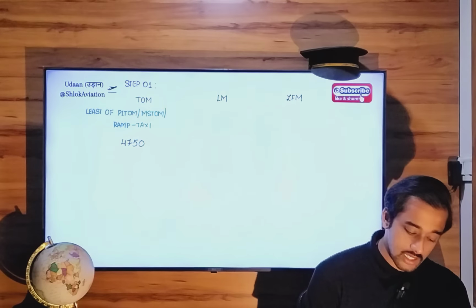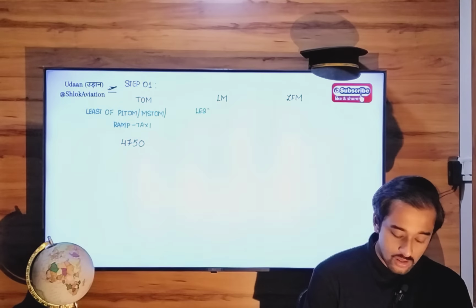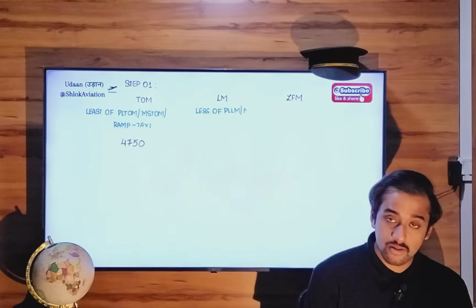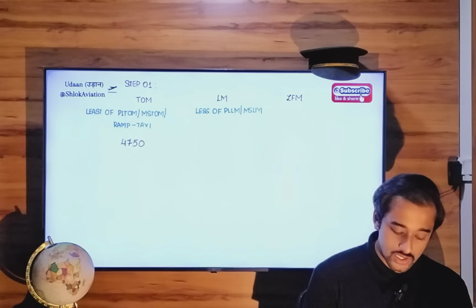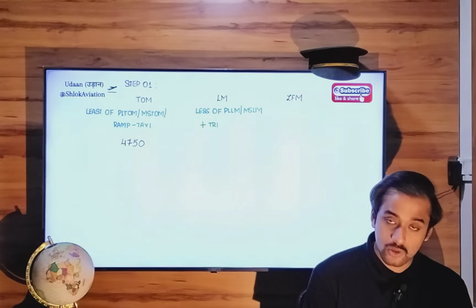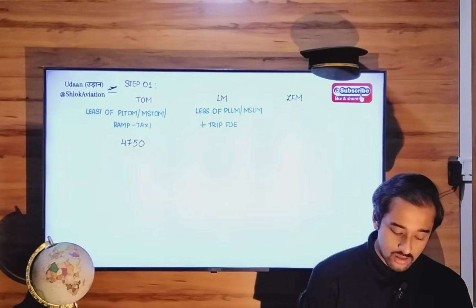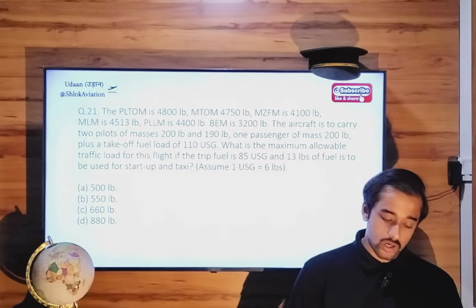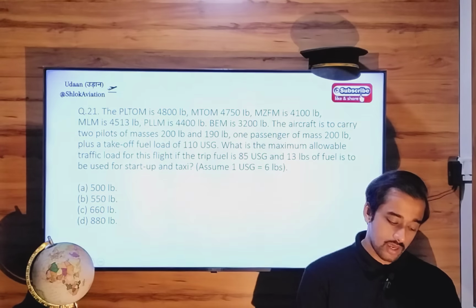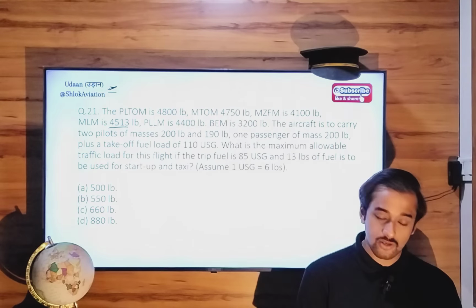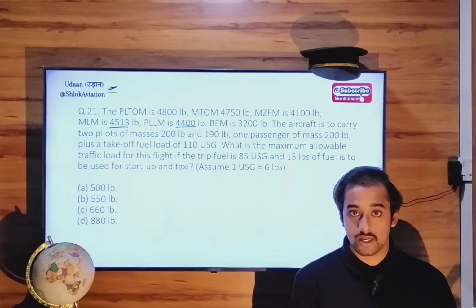Next, in case of landing mass, select the value which is less of performance limited landing mass and maximum structural limited landing mass, and add trip fuel to that. We have maximum landing mass 4513 and performance landing mass 4400.